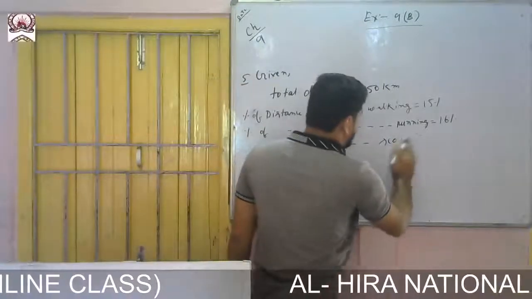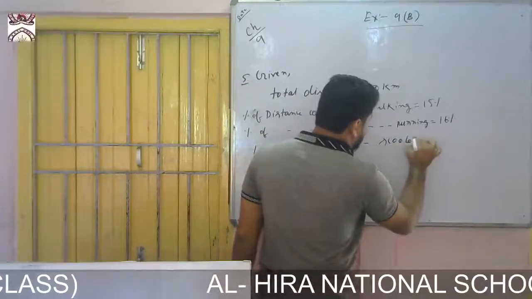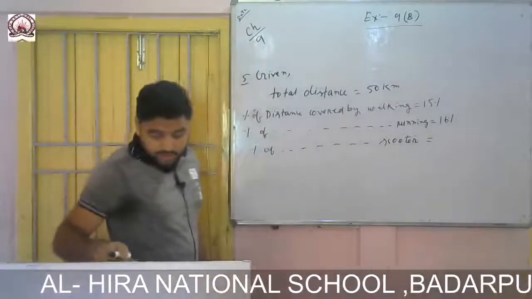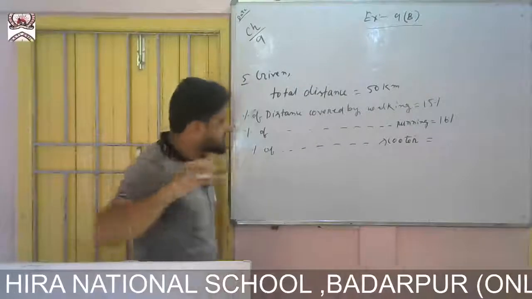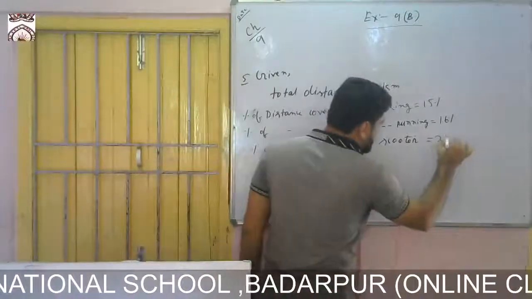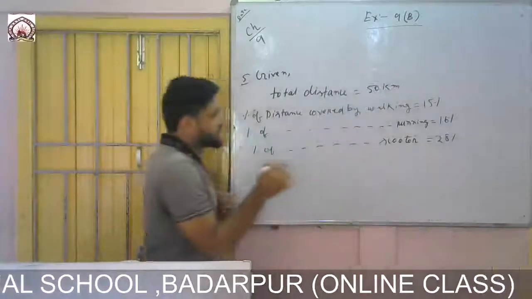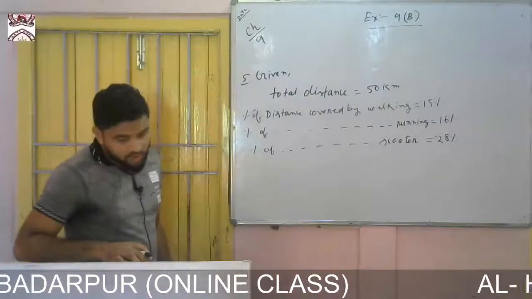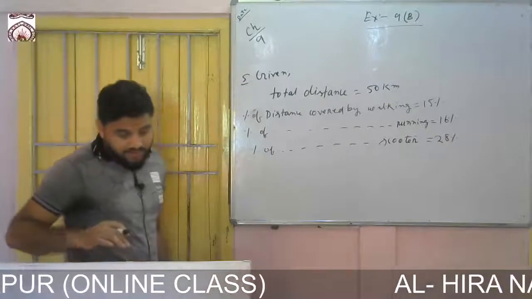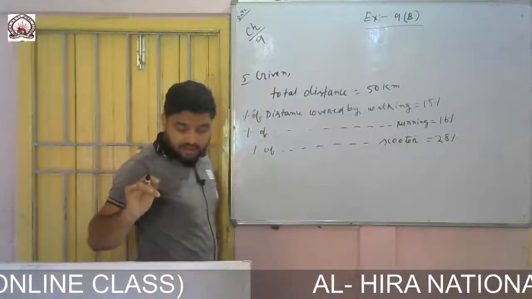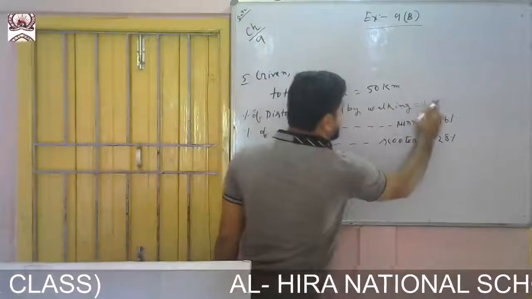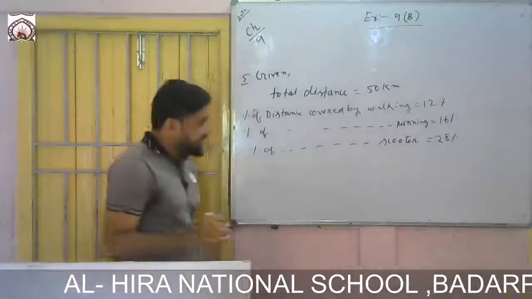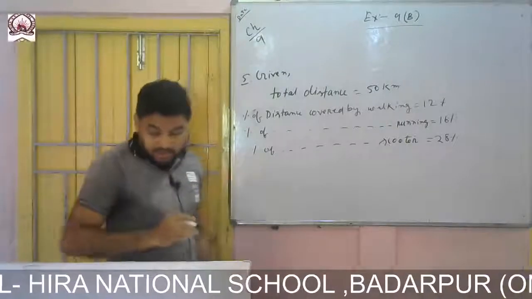Scooter equals how much? 28%. By walking, how much? 12%. Then by running, 16. So 12, 16 and 28. Then what?